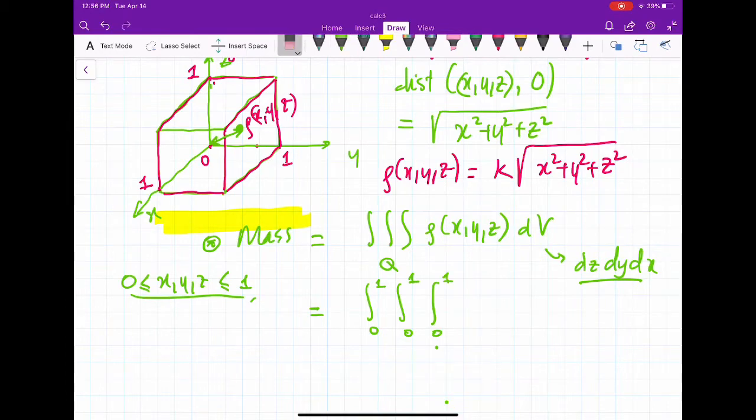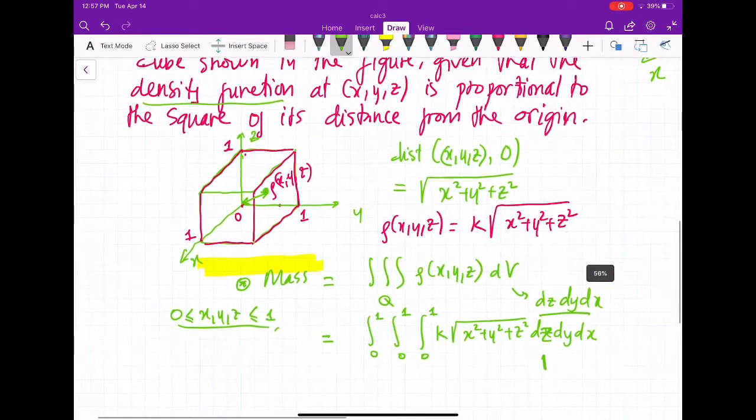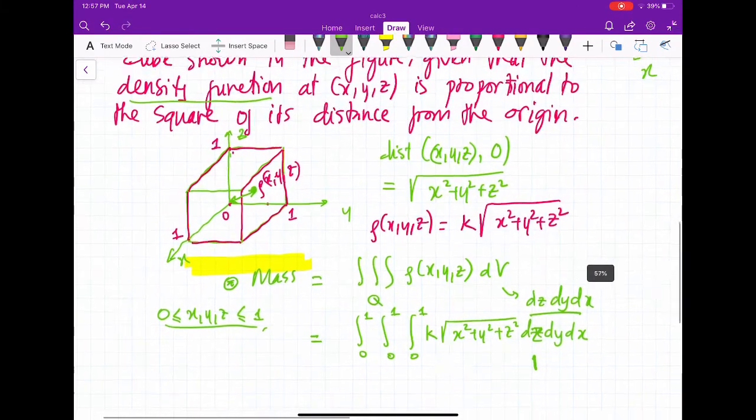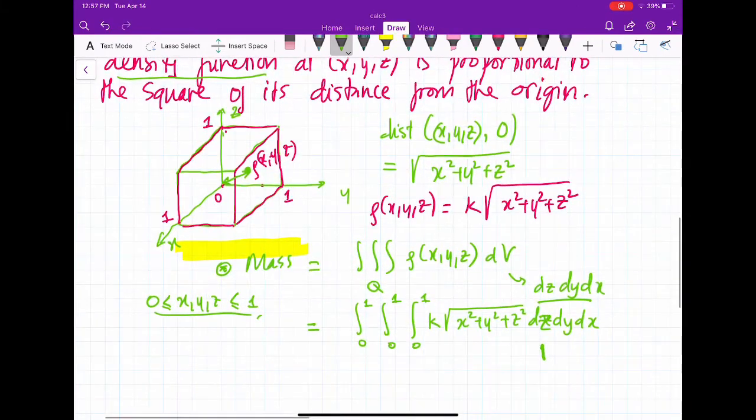And here we have the function k times the square root of x squared plus y squared plus z squared, dx, dz, dy, and dx. I think I mixed something in here. They say that the density function is proportional to the square, so basically in here we need to apply the square.